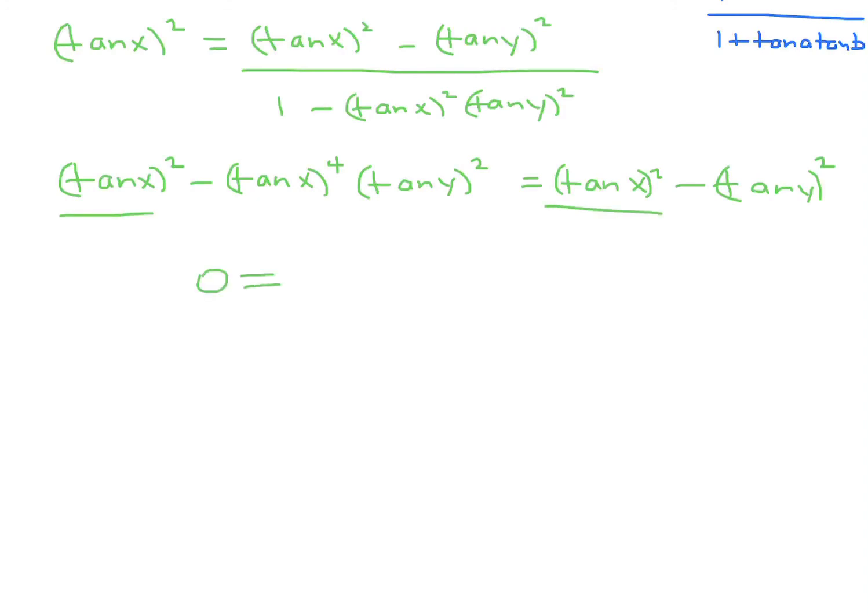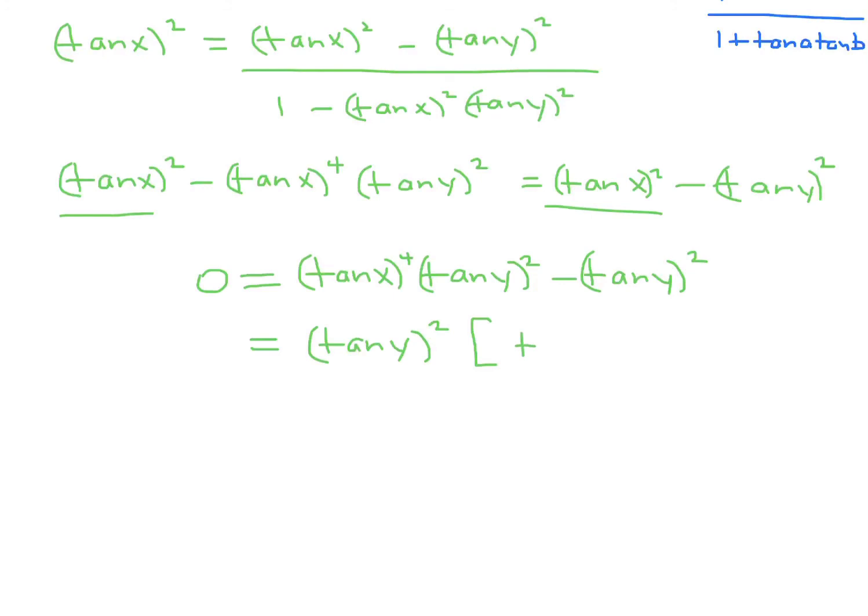And then we can put everything on one side, I think. And we will get the tan of X to the 4th, like that, tan of Y squared minus the tan of Y all squared. Factor out now. You can factor out the tan of Y squared. And if you do, you'll just get left with the tan of X to the power of 4 minus 1. All right, great.